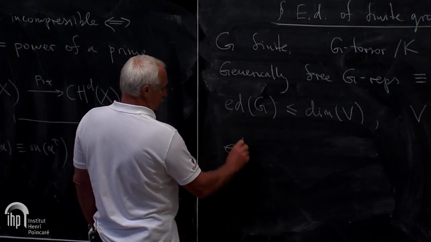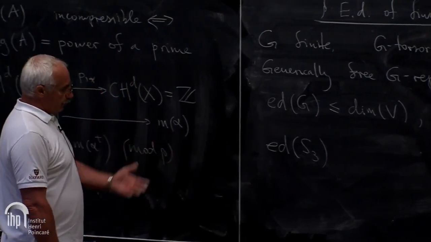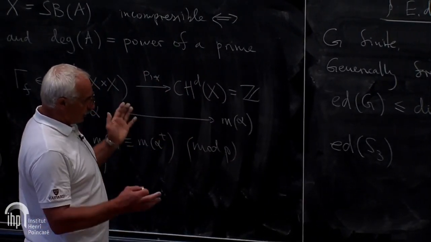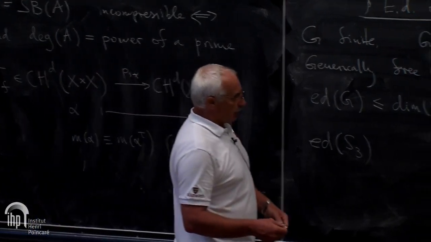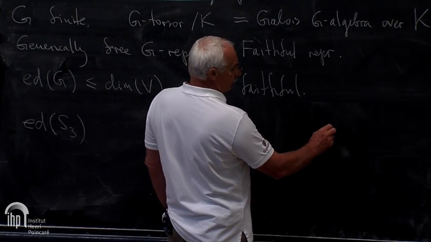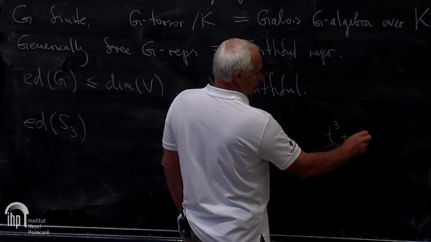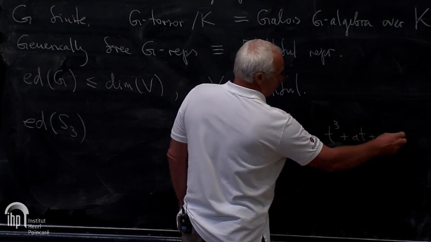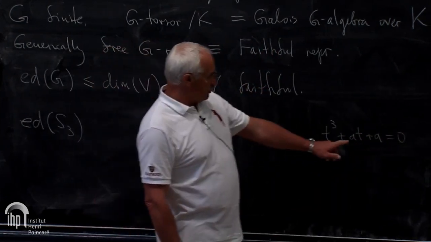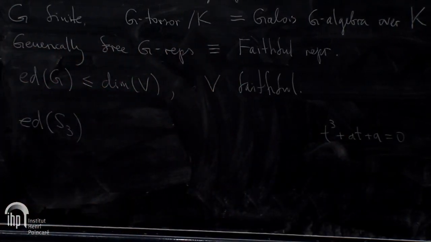Easy examples. The essential dimension of the symmetric group S3 is the complexity of all degree 3 equations, but every degree 3 extension can be given by the following polynomial, t cubed plus at plus a. Of course, you can skip the t squared coefficient and you can equalize these two. So you just need one parameter to give a degree 3 extension.